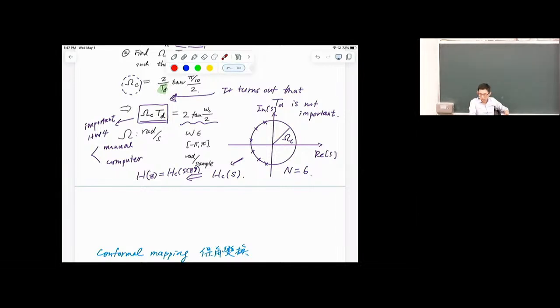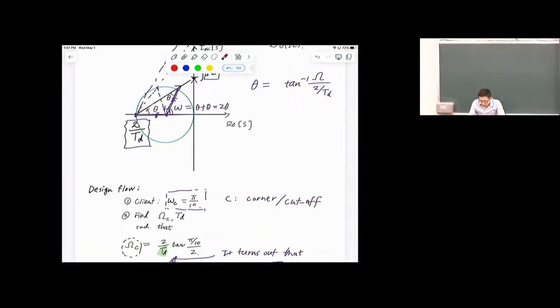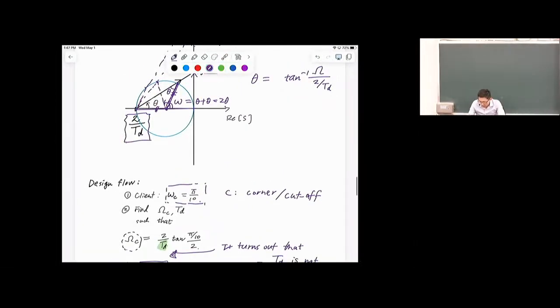So sometimes, also as a preview to this homework, we are also given another spec, another parameter. We are not only given the corner frequency, which is pi divided by 10 right here, but also the transition width. How fast do we want the response to drop from pass band to stop band?